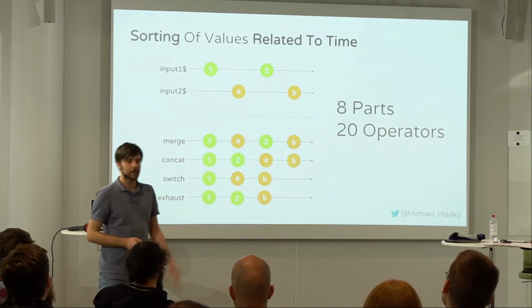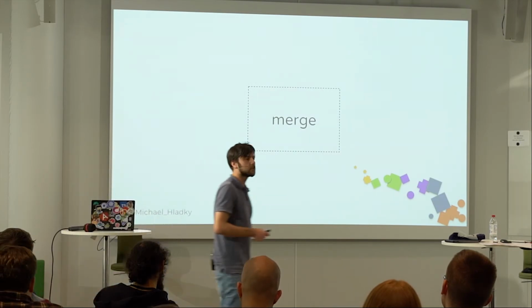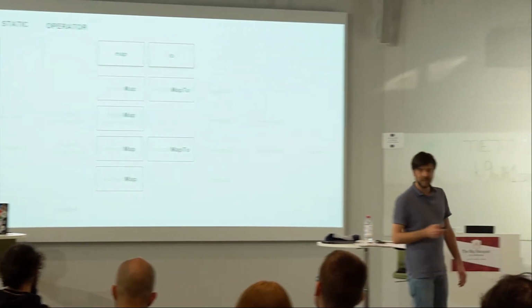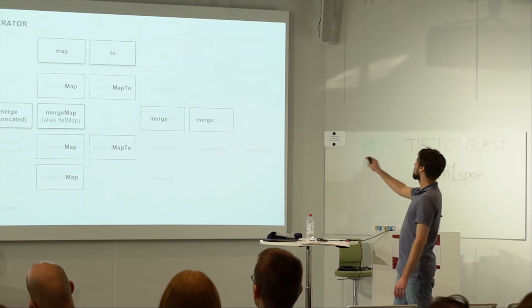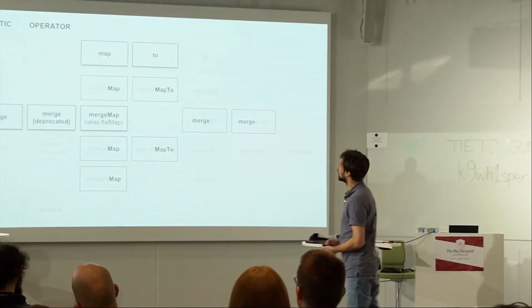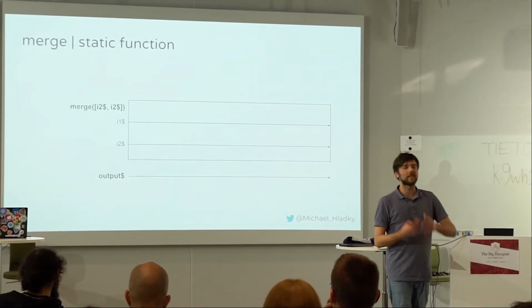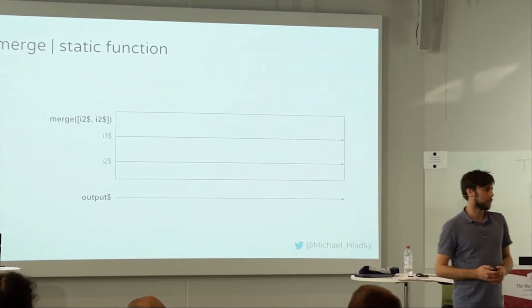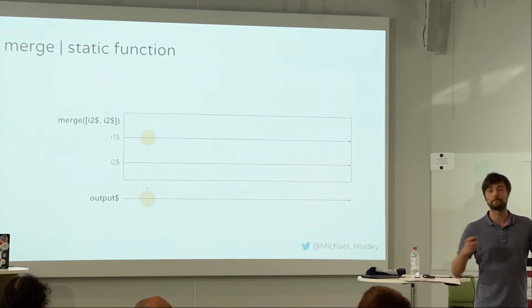And I will start with one of the simpler ones that is called merge. So how can we think about merge? Let me first show where merge is included. Merge is included in 5 different operators. And we will start with the static function of merge. Merge takes 2 input observables and merges those observables together. What does it mean?